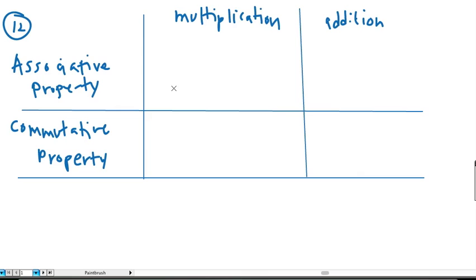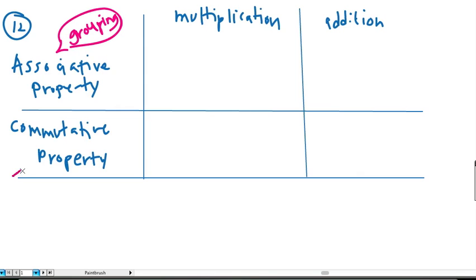They do not work for division and subtraction. So let's just put some examples down. Associative property is all about grouping. So when we think associative, we think associates, we think friends, we think our group. So this is a good word to think about when we are dealing with these properties: grouping.